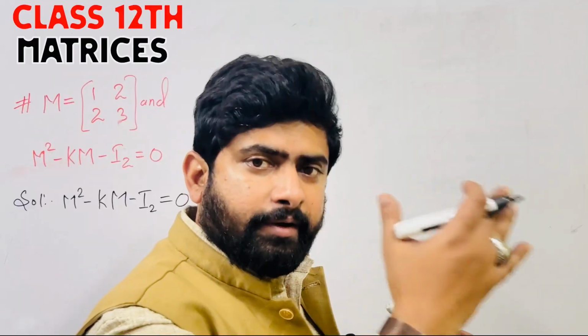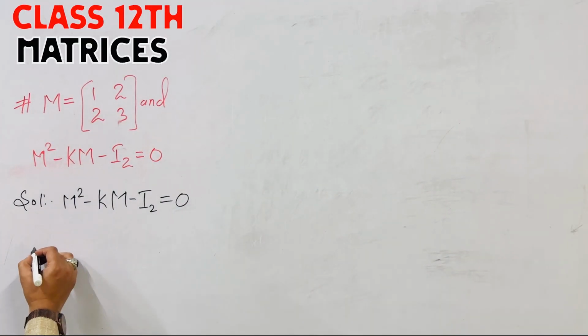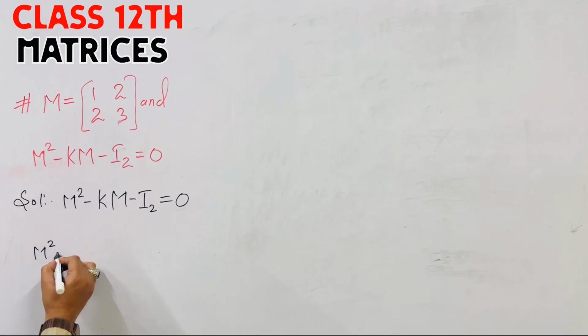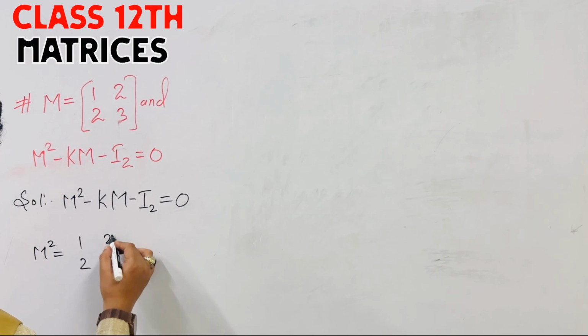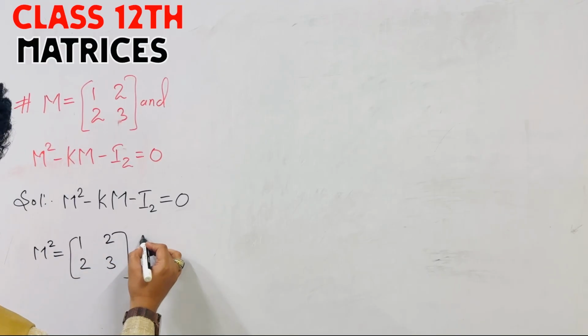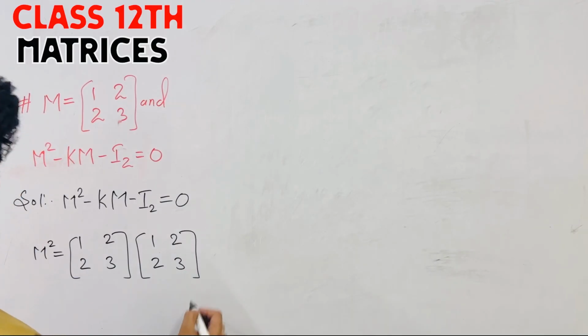That is a square matrix. Now firstly we have to find the value of M square, which is [1, 2; 2, 3] multiplied by [1, 2; 2, 3] again.